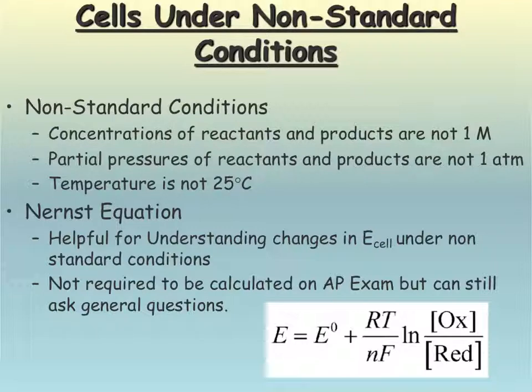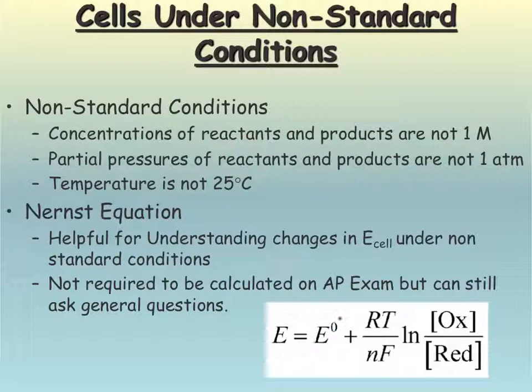The Nernst equation is often used to help us mathematically understand the changes that Ecell undergoes when it's under non-standard conditions. You're not required to calculate Nernst on the AP exam, but you can still be asked general questions about the Nernst equation.